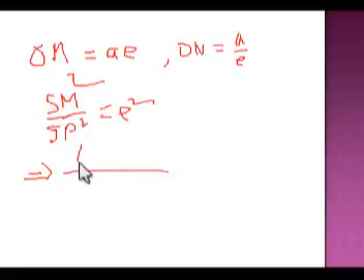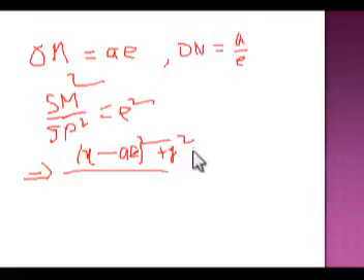This will be x minus AE whole square plus y whole square, and on the right hand side we will get e square. SP will be the distance from the variable point to the directrix. The directrix equation is x equal to a by e.